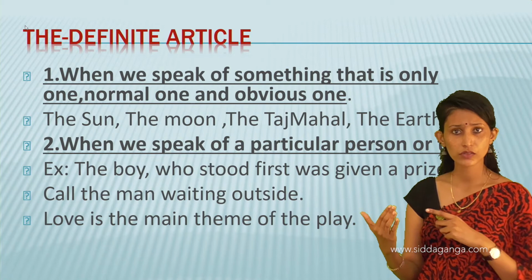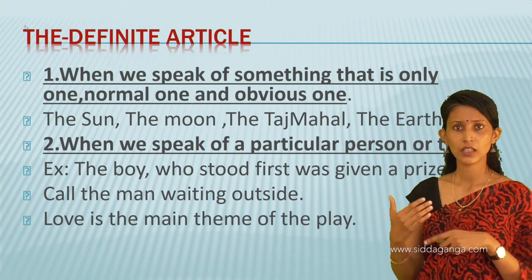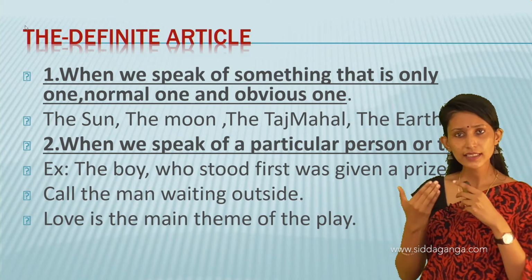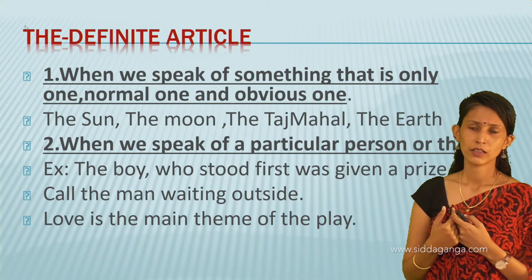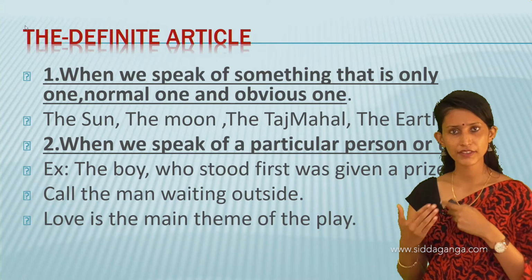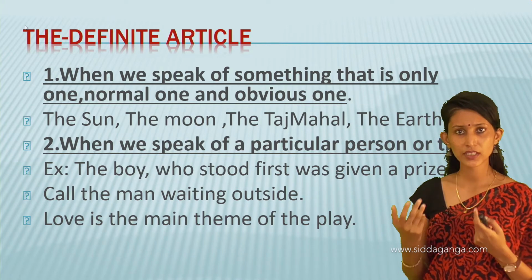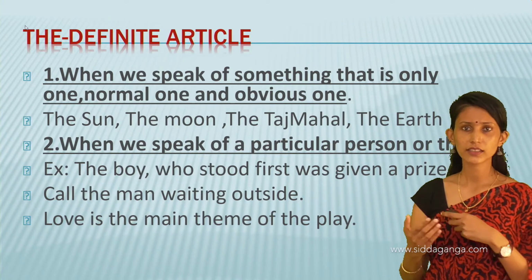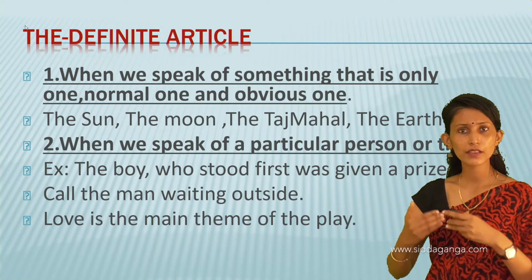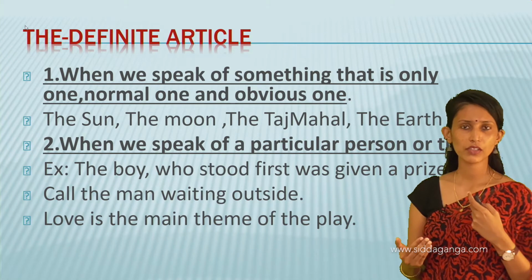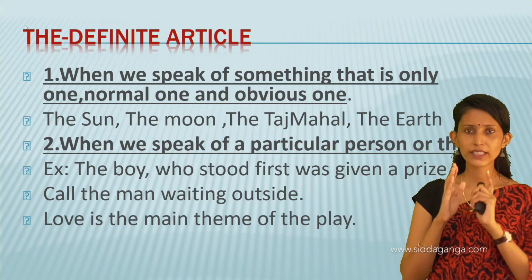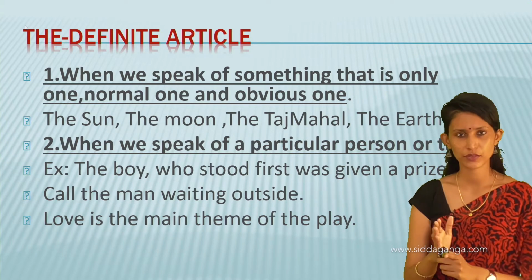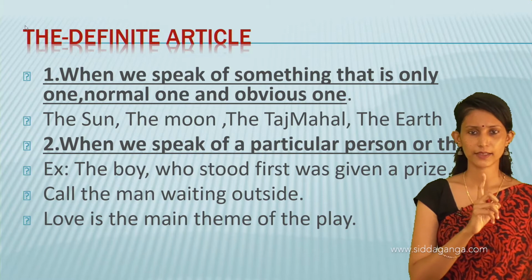The earth revolves. Alright? This is something that's happening. The moon shows itself in the night. The moon comes, isn't it? So the different phases of the moon, you forget that. But the moon is always there. So something that is normal, something that is only one entity, something that's very obvious, you use the definite article.